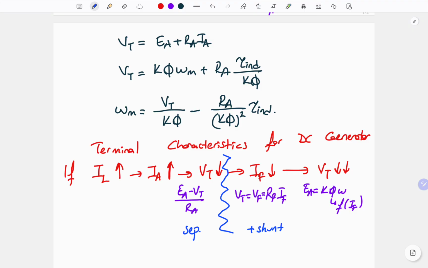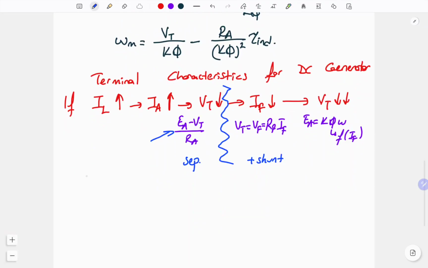So initially, when we increase the IL until the blue line, IA must increase, and as a result of this, the generator voltage expression tells us the separately excited DC generator output voltage will drop. How much?